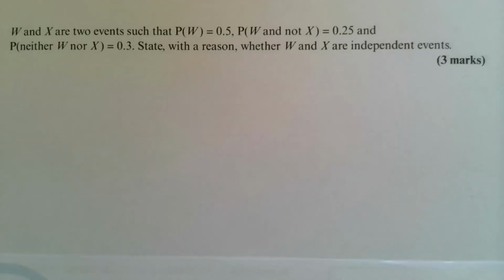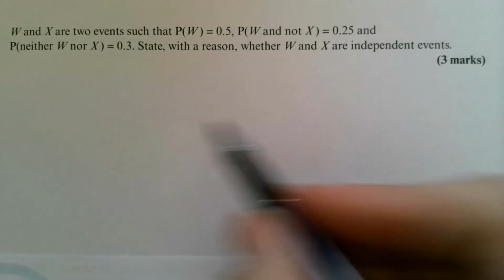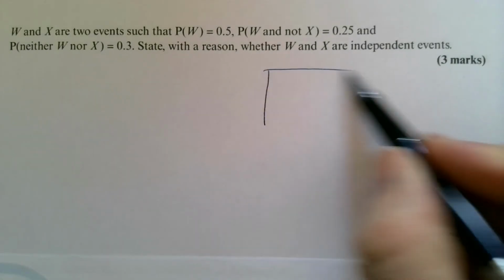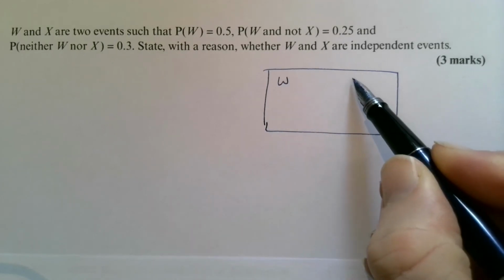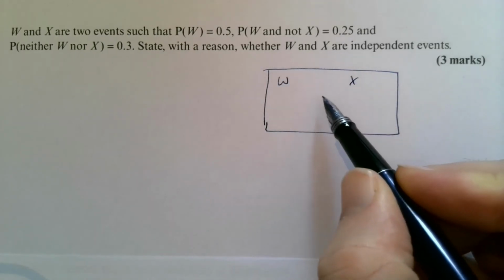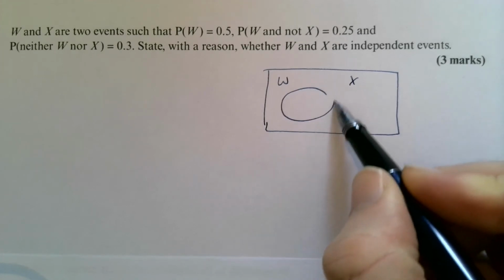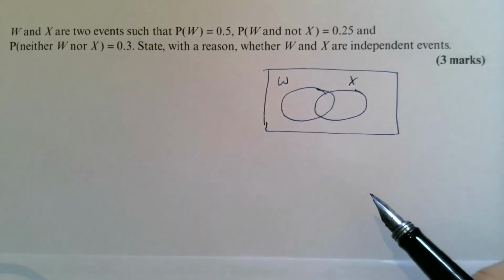Here's your next one. When you've written a question, get into it with a Venn diagram first. Okay, so the Venn diagram is going to have W and X, and they are intersecting.